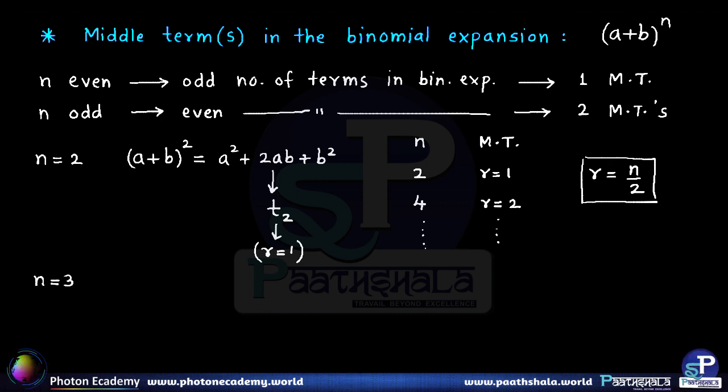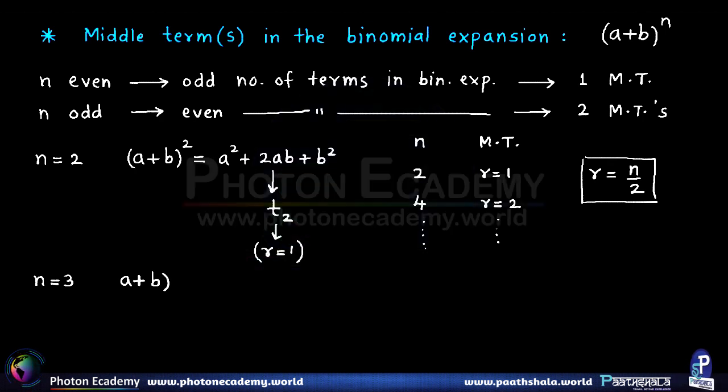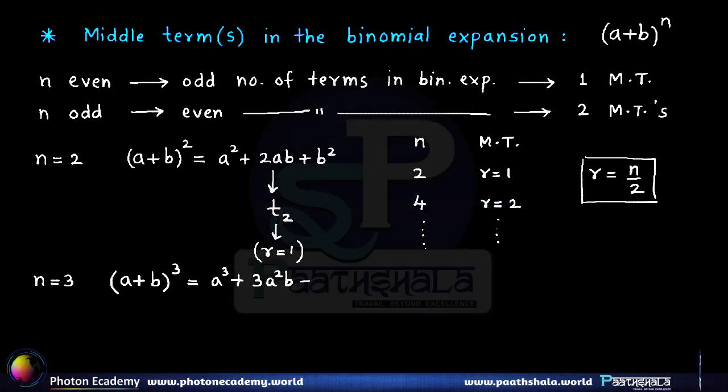Now let's generalize about what happens when n is an odd number. So let's say we are talking about n equal to 3. So that means it is nothing but (a + b) whole cube, and we know that it is equal to a cube + 3a square b + 3ab square + lastly b cube.